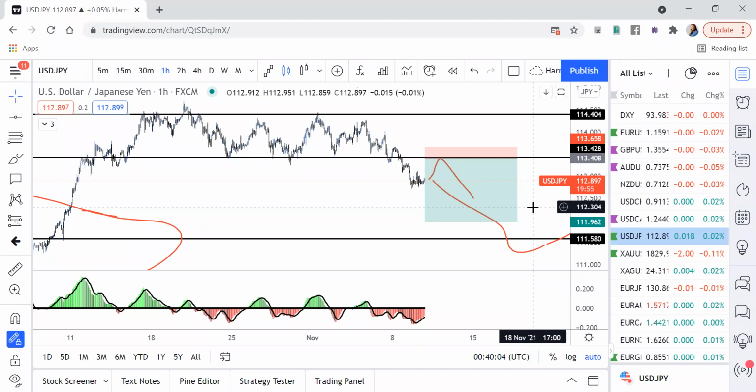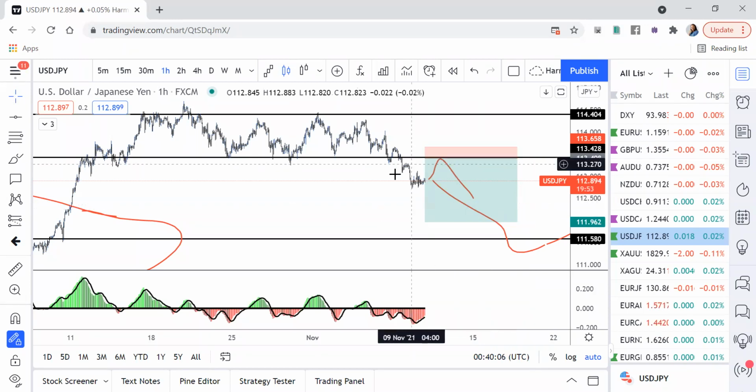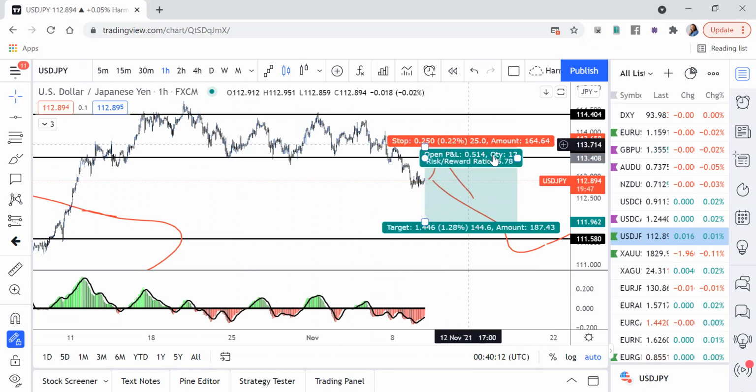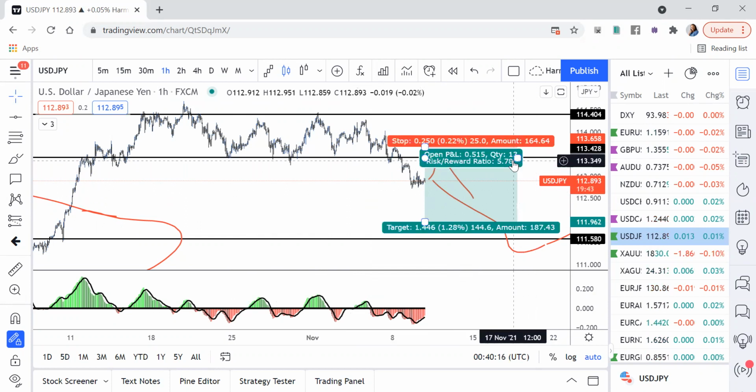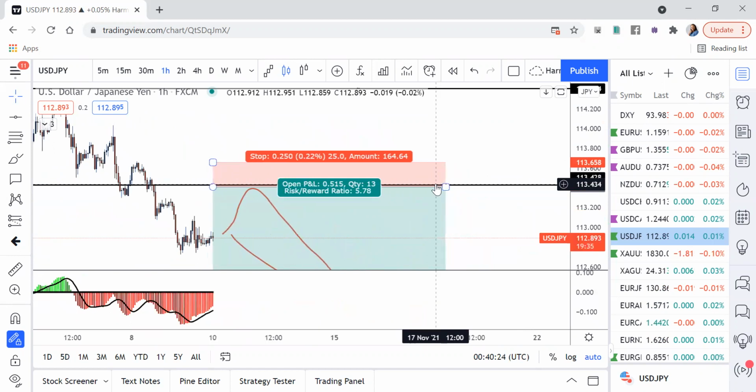All right. So once you really identify structure and you understand what it is you're looking for, and you position your, in this case, my short order, right?